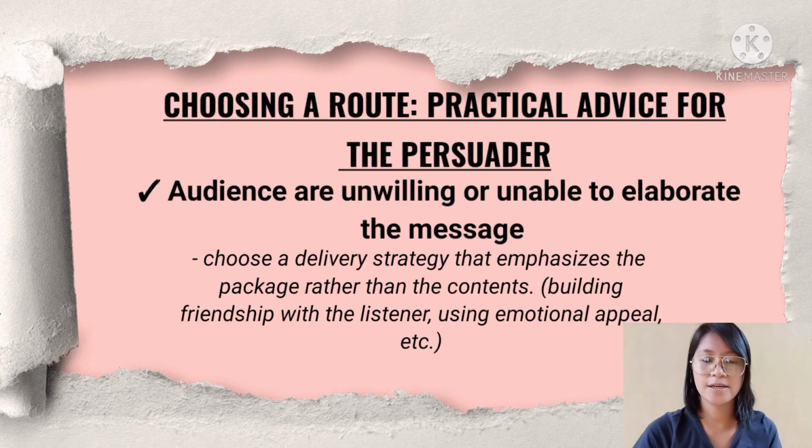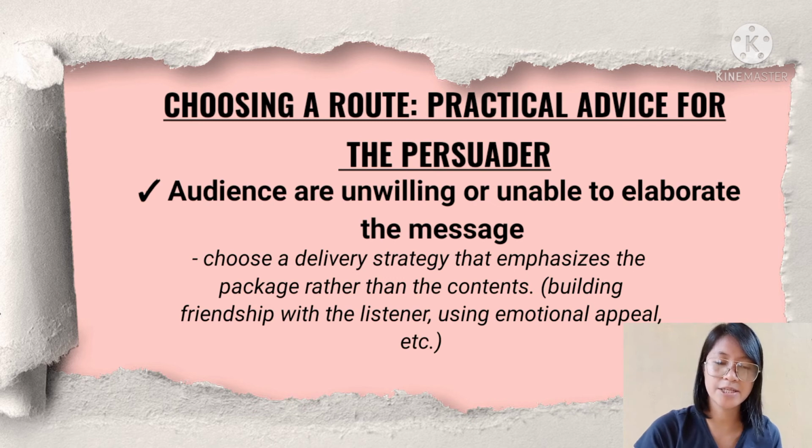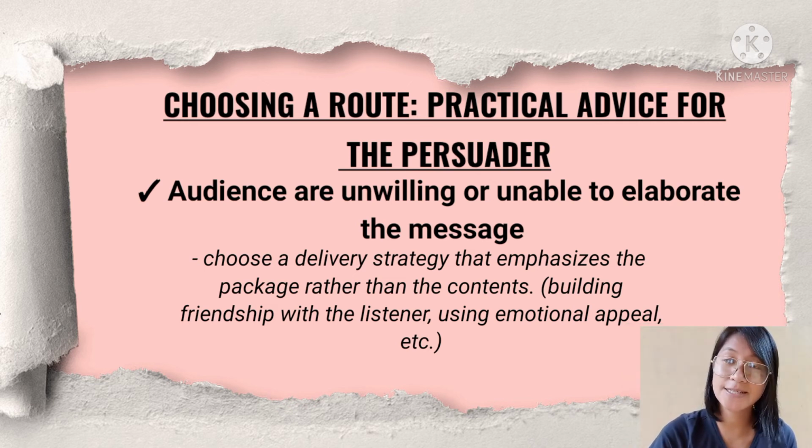On the other hand, if the listeners seem to be unwilling or unable to elaborate a message, then the speaker would be more successful by choosing a delivery strategy that emphasizes the package rather than the contents. This includes building friendships with a listener, using emotional appeals, and so on.